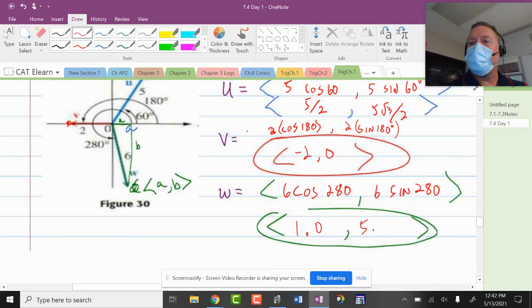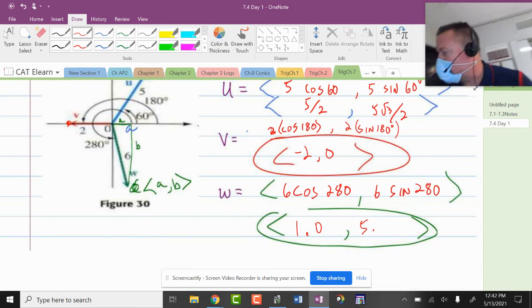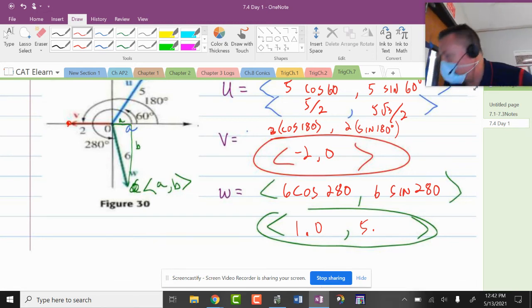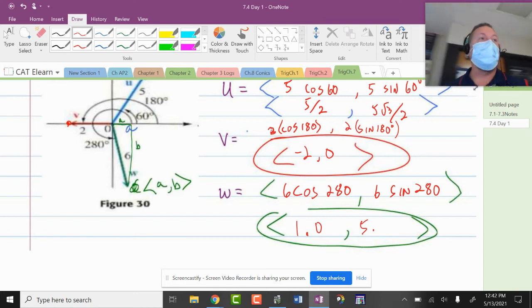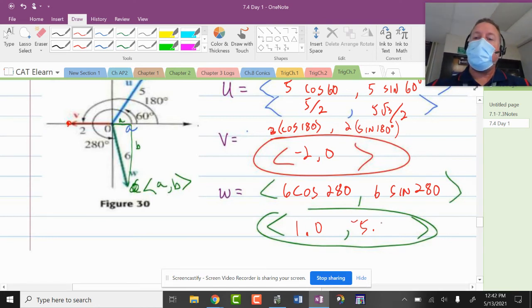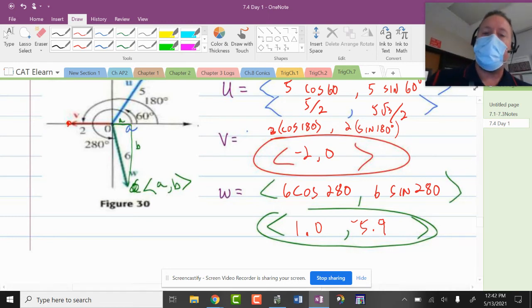Did anyone get that 5 point? Oh, right. Negative 5.9. Is that right? Okay, right. Negative because it's right 1 down 5. All right, so that makes sense.